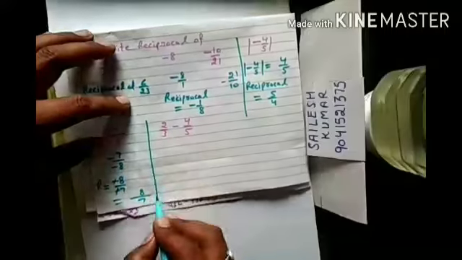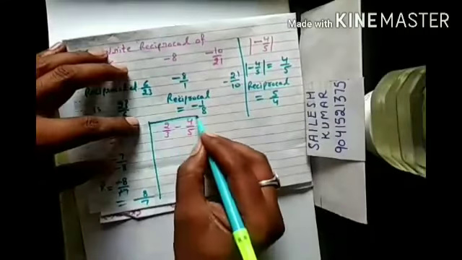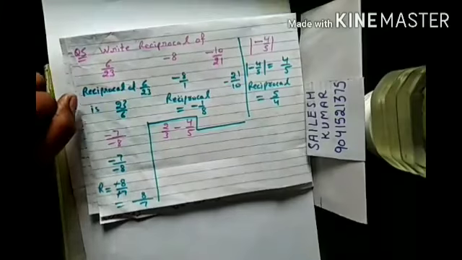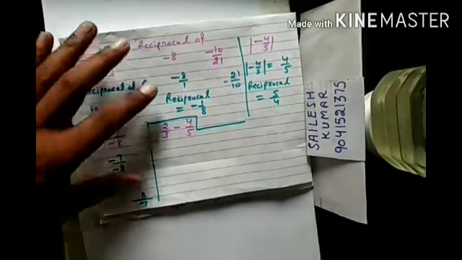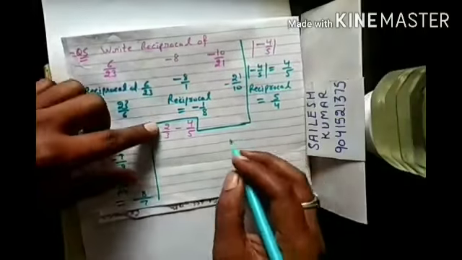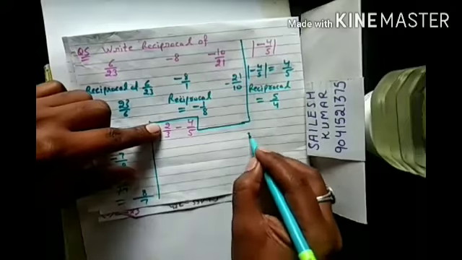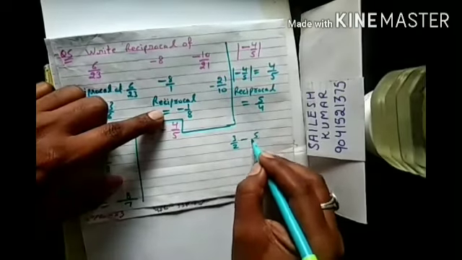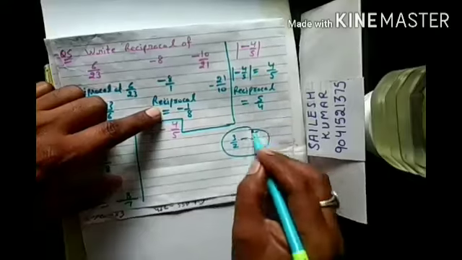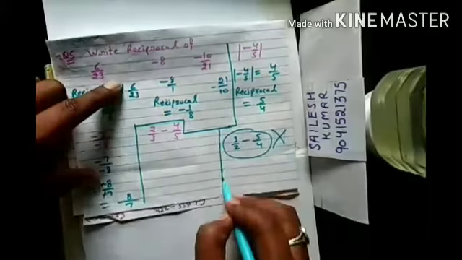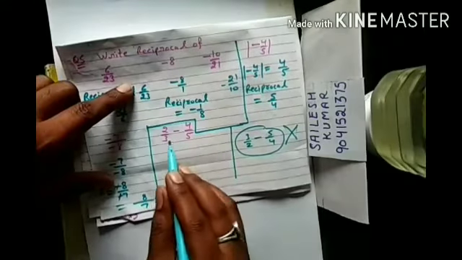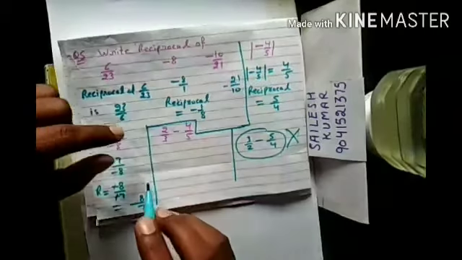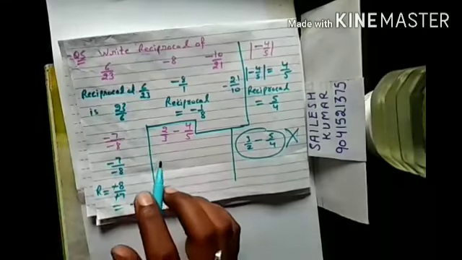Now the question is that we have to find the reciprocal of 2 by 3 minus 4 by 5. It doesn't mean that you will do it like this: reciprocal of 2 by 3 is 3 by 2 and reciprocal of 4 by 5 is 5 by 4. Student, this is wrong. Here you will have to solve the question first. After that we will take the reciprocal of its answer.